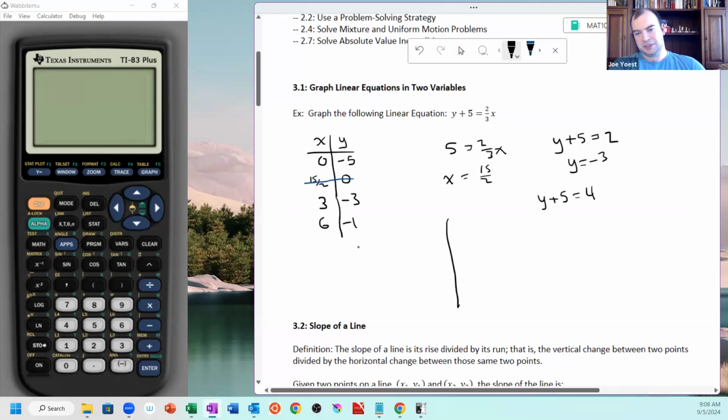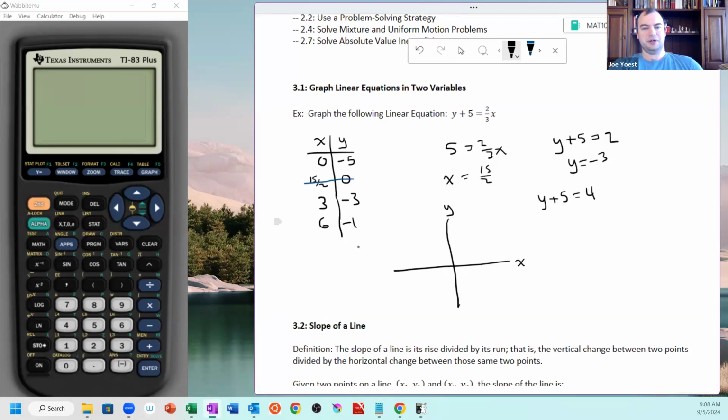And now we'll draw our axes. I see for x, I'm interested in 0, 3, and 6. And y, I'm interested in -5 up to -1.